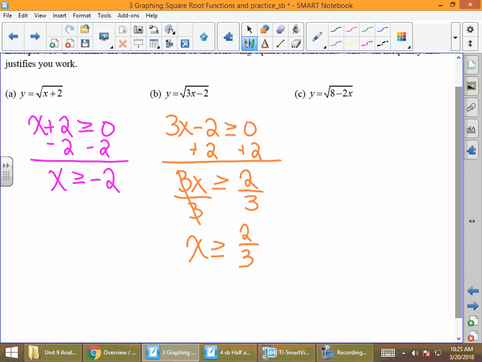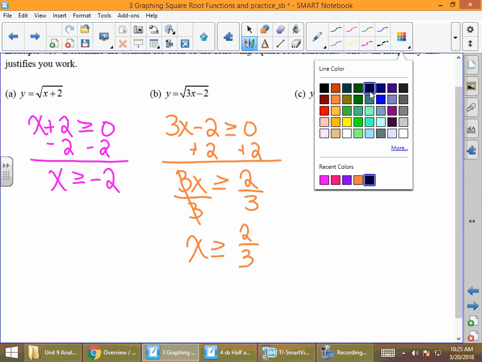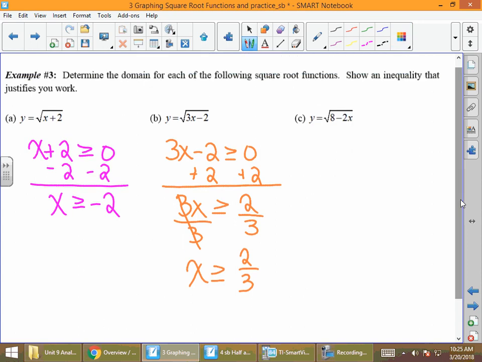To find the domain algebraically, we take the value underneath the radical and we set it greater than or equal to 0. So in letter C, 8 minus 2x greater than or equal to 0. I'm going to leave my x on the left. So we're going to subtract 8 from both sides.